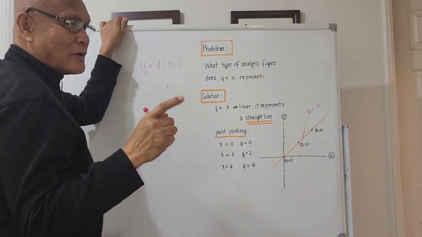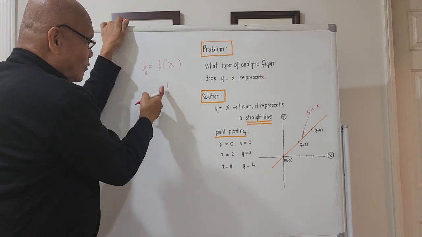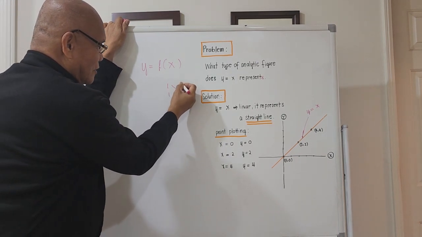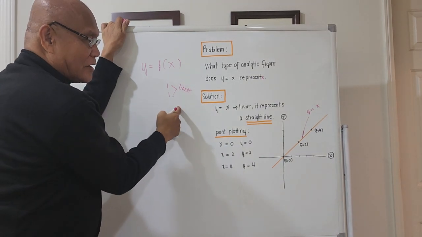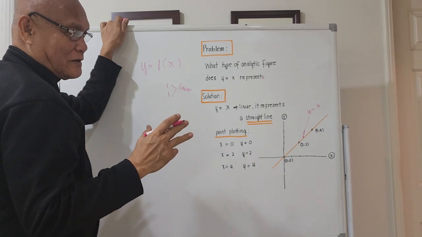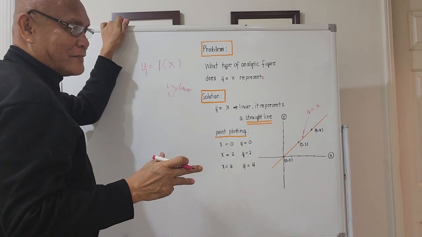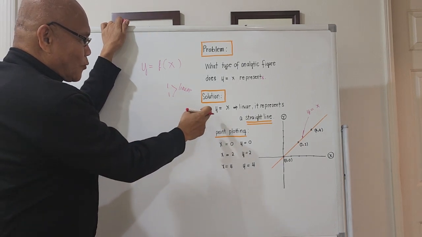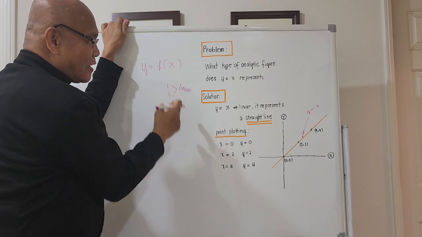And the highest power of x on the right-hand side is also 1. 1 is termed as linear. It's a linear equation. If it is with the power 2, it will be a quadratic equation. And since the power of y and x for both the left and right are both 1, it is linear.